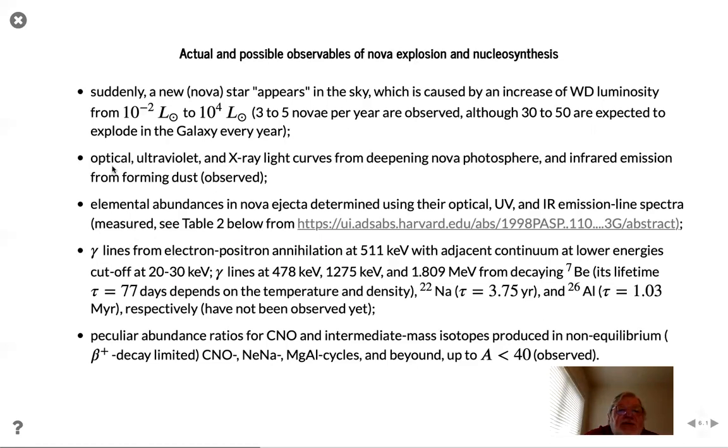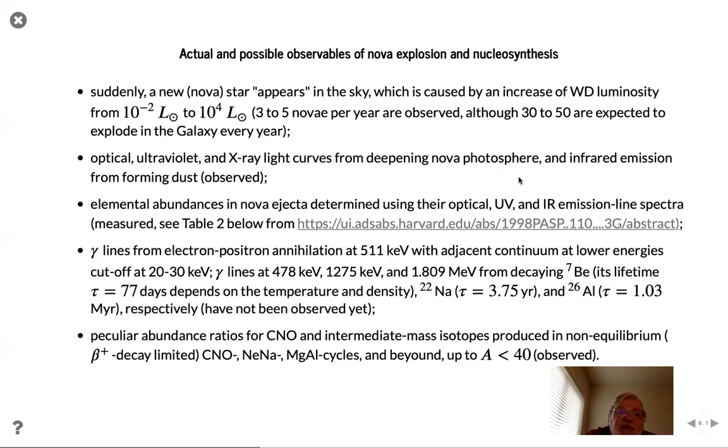The next observables for novae are optical, ultraviolet, and X-ray light curves from a deepening nova photosphere. After the nova explosion, it ejects its accreted material, its atmosphere, its envelope.